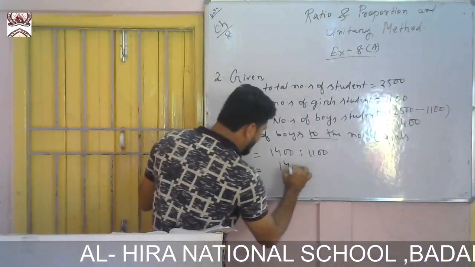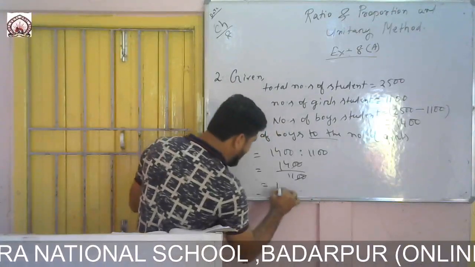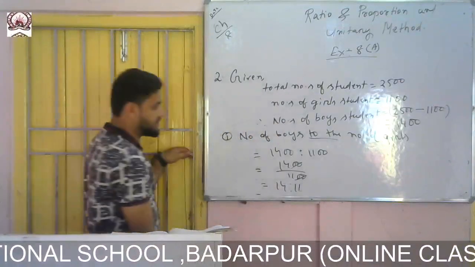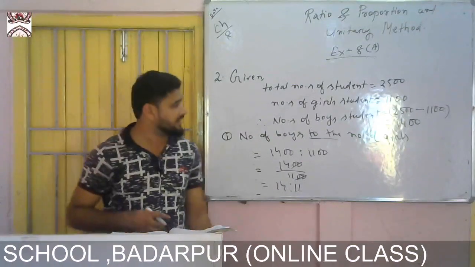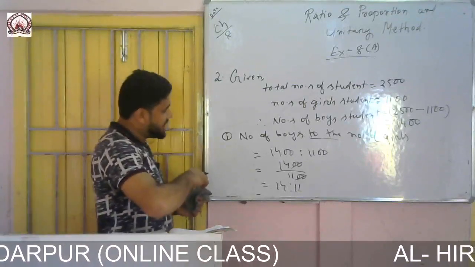So I can write 1400 by 1100. You can cancel the zeros, so remaining 14 is to 11. So 14 is to 11. Okay. Now next part.